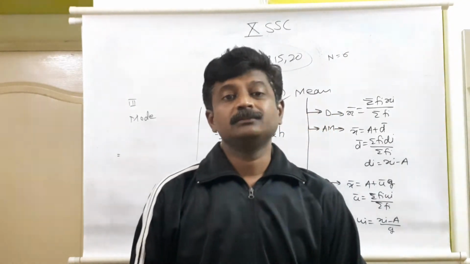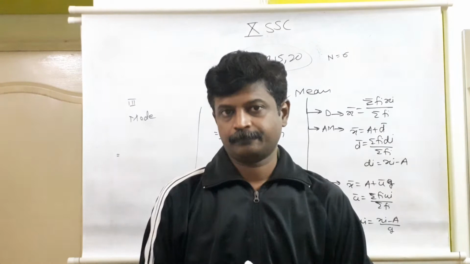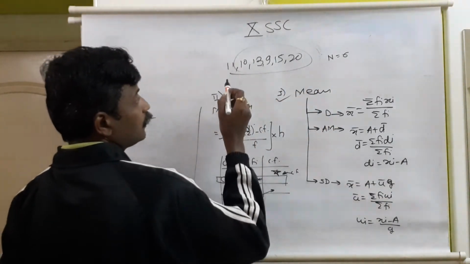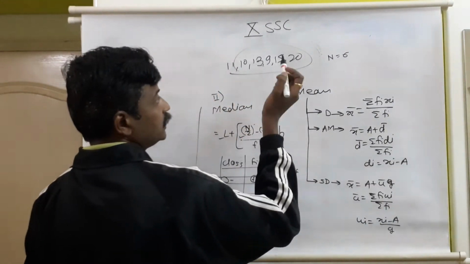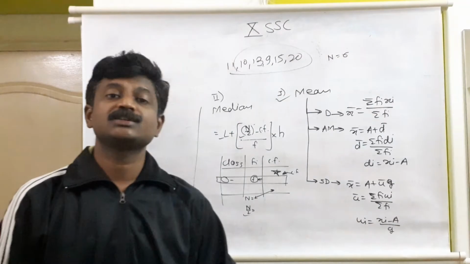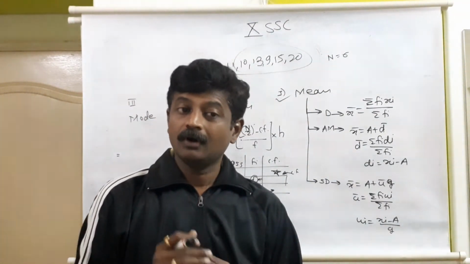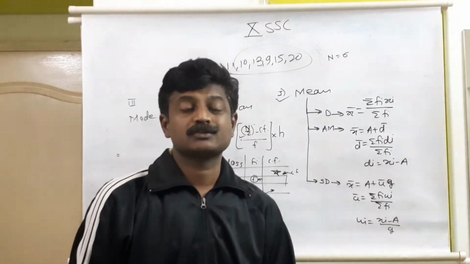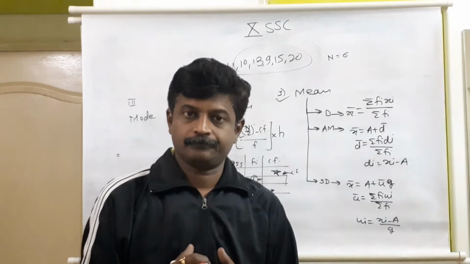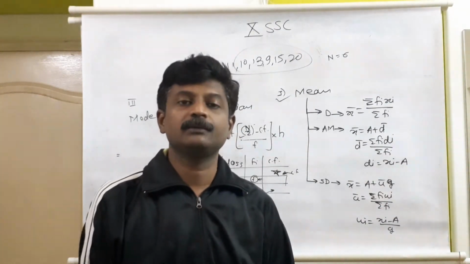Mode is the number which occurs the maximum number of times. Here 11 occurs only once, 10 only once, 13 once, 9 once, 15 once, and 20 once. So all can be the mode. Or, as in an ungrouped frequency distribution, the number which is repeated the maximum times can be the mode.